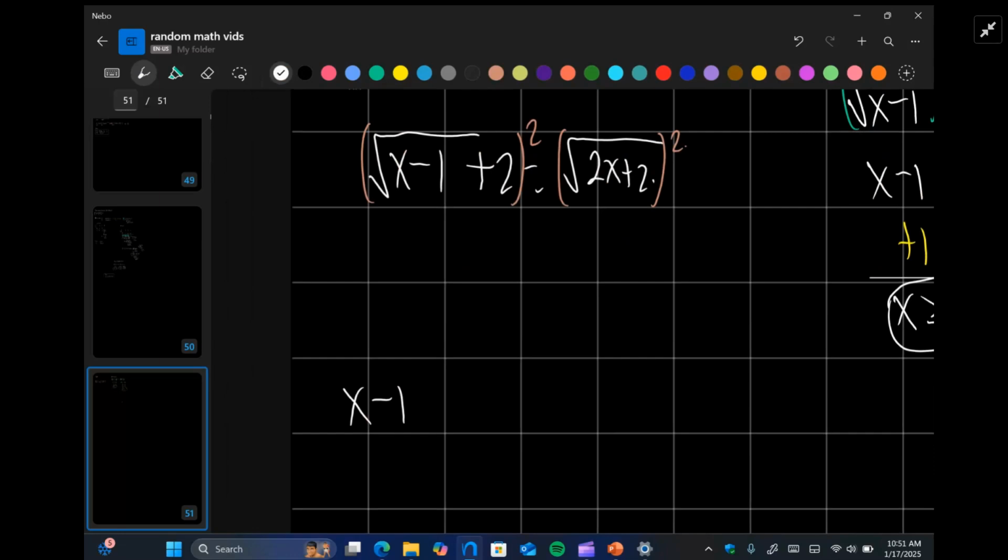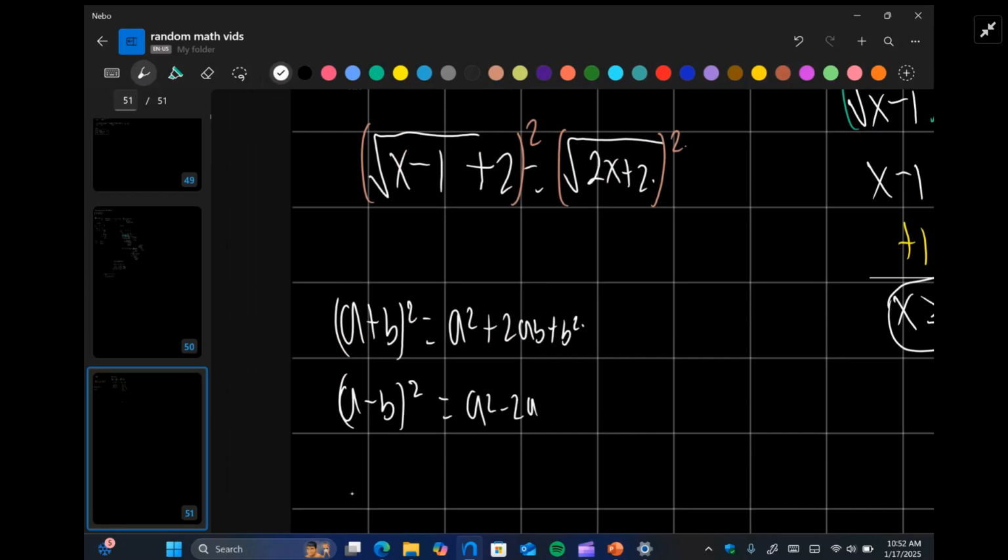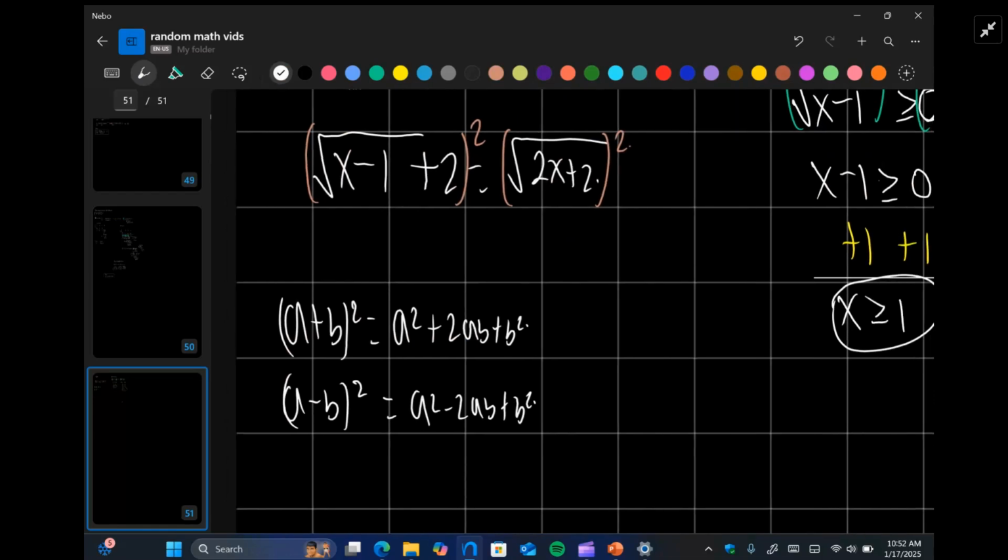So remember the equation: a plus b quantity squared is a squared plus 2ab plus b squared, and also a minus b squared, because we're going to have to use that as well: a squared minus 2ab plus b squared. So I will explain why we're going to have to use both of those later on.